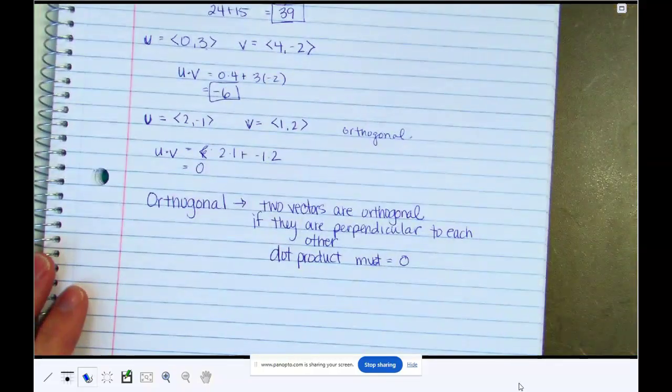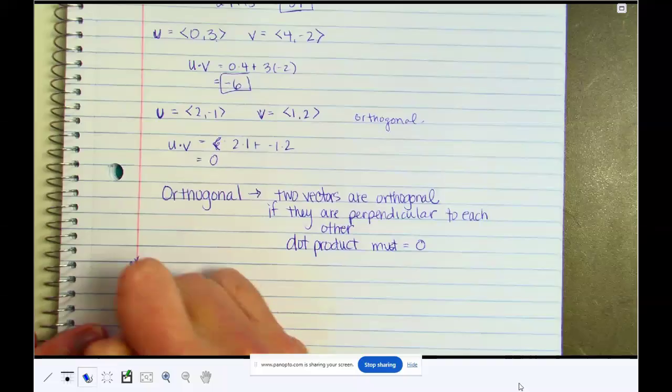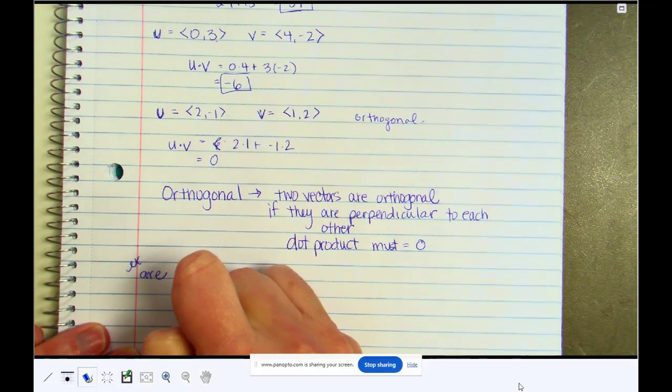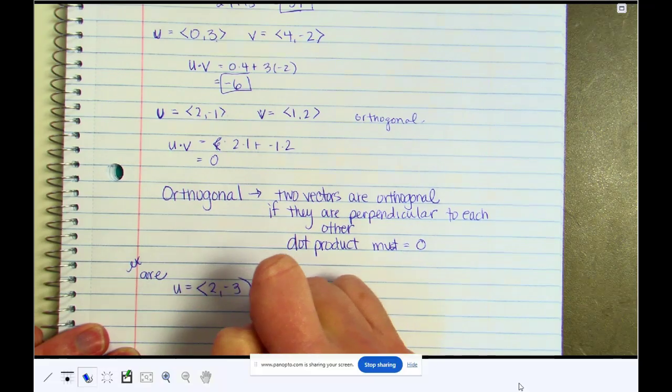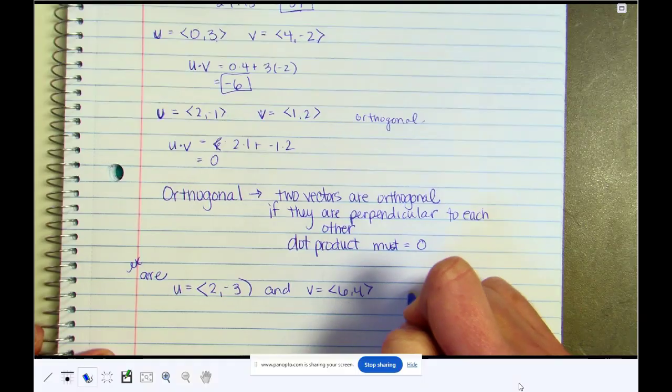So let's see, just an example. U equals 2, -3, and V equals 6, 4. Are these orthogonal?